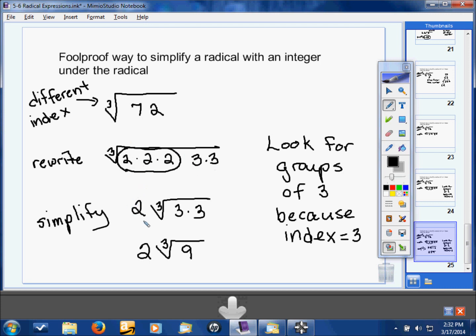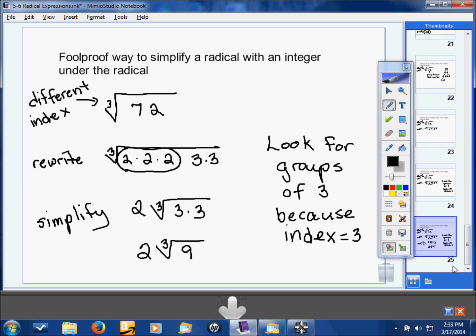So that gives you a 2 on the outside. 3 and 3, there's not enough 3's to bring them out. So they have to stay under. And I believe somebody asked a question, wait, why isn't it a 6? Because this is a times, it's not a plus. So you're looking for ways of making triplets if it's a cube root.